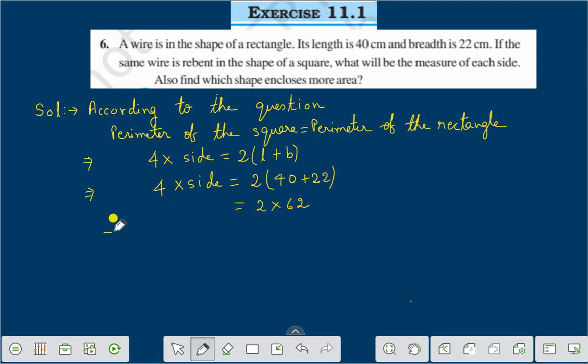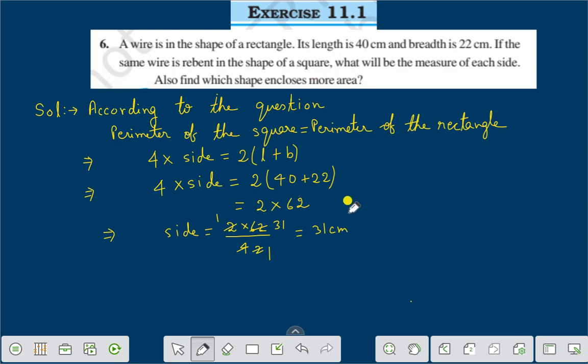The side of the square is equal to 2 into 62 by 4, that is 62 by 2, which is 31. We find that the side of the square is 31 centimeter, right?